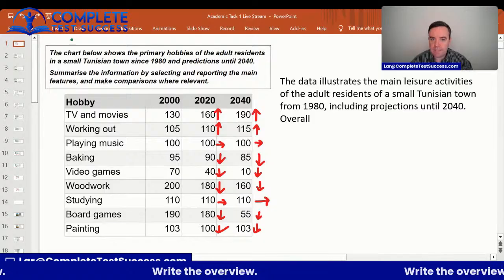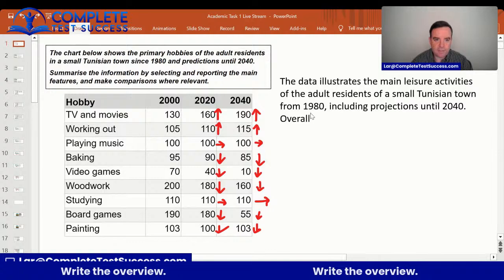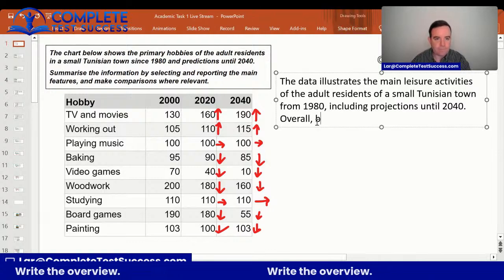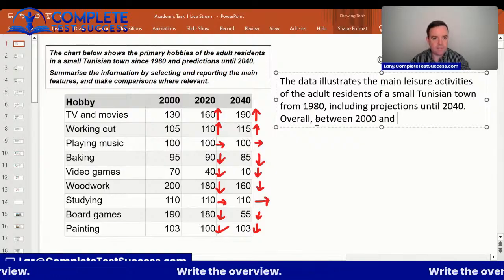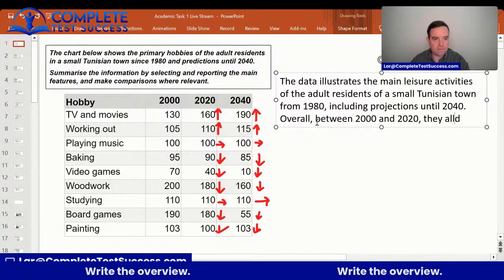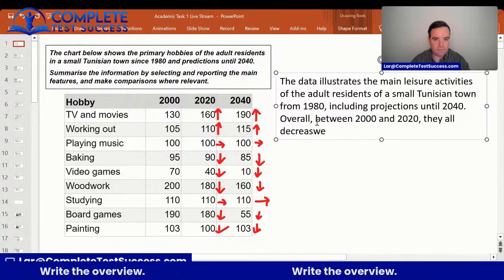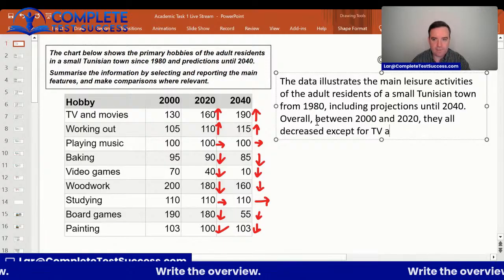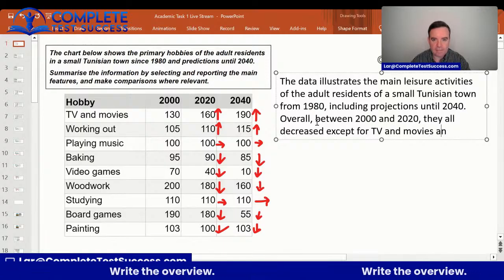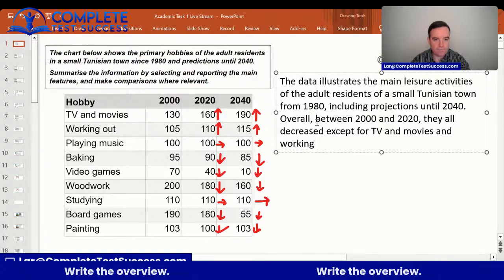So let's do something like this. We're going to say between 2000 and 2020. Okay, so overall, between 2000 and 2020, they all decreased, except for TV and movies and working out, which both increased.